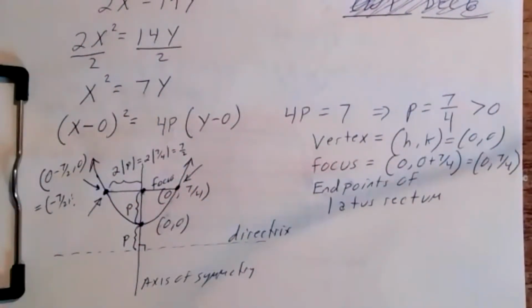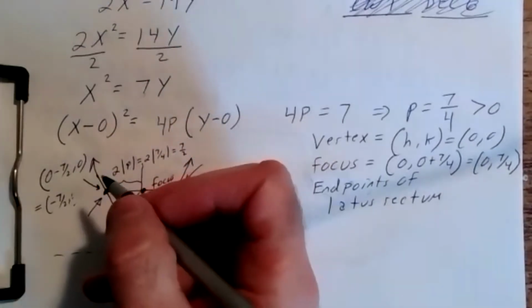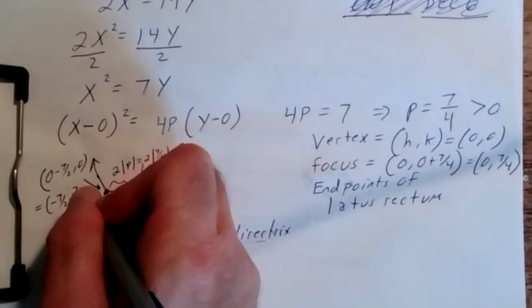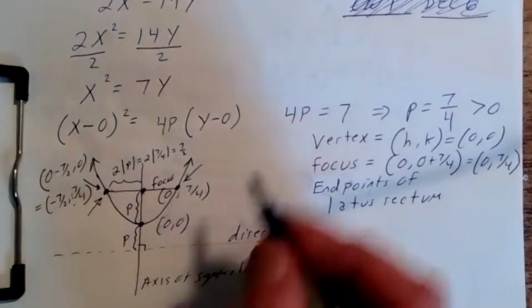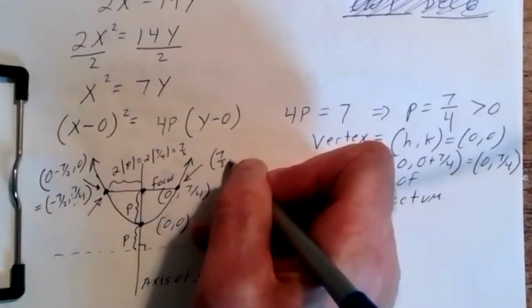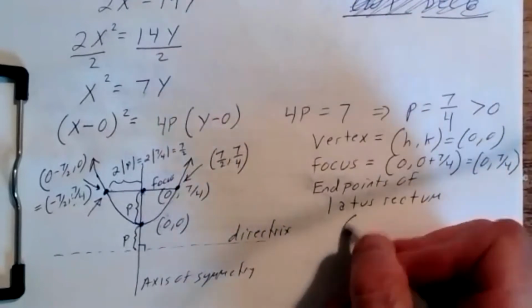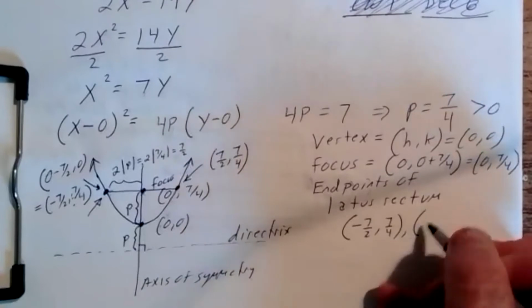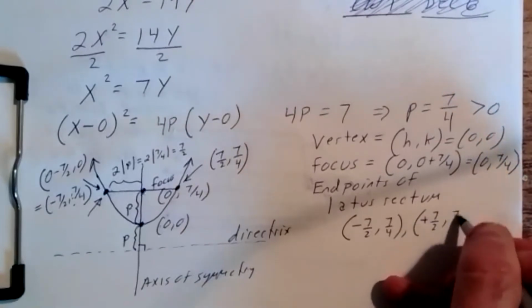So negative 7/2, 7/4 would be the ordered pair of the left endpoint of the latus rectum. The right endpoint would have to be positive 7/2 and then 7/4. There you go. So those would be the endpoints: negative 7/2, 7/4, and positive 7/2, 7/4.